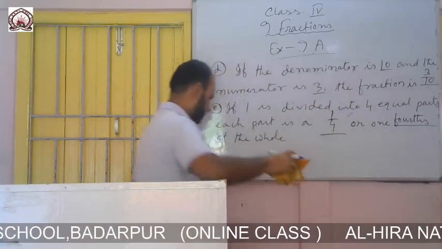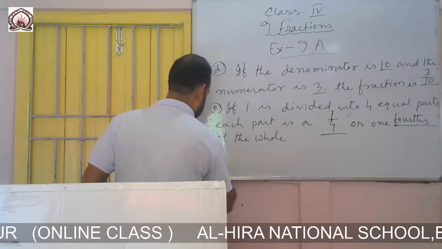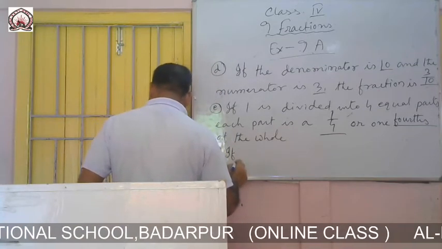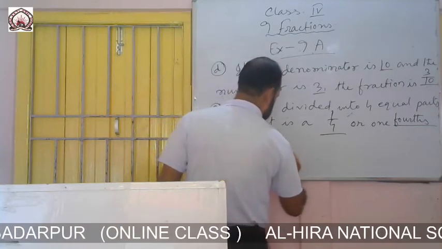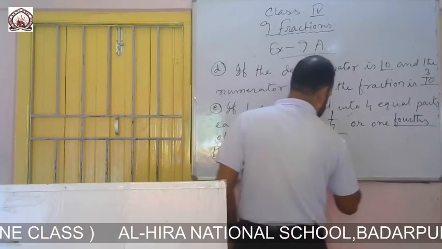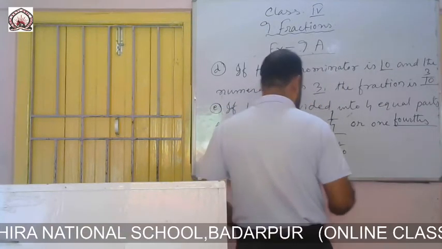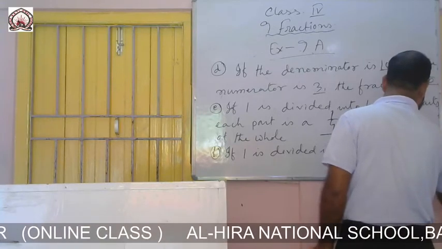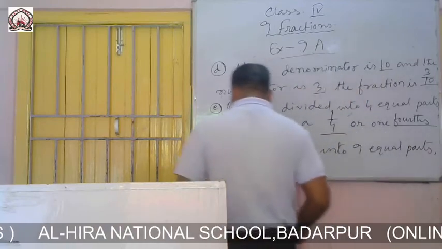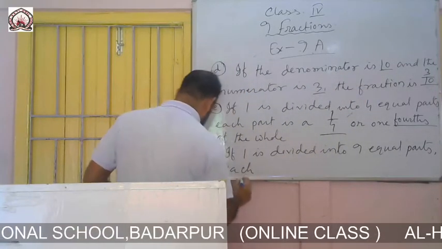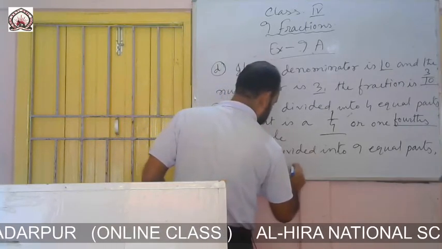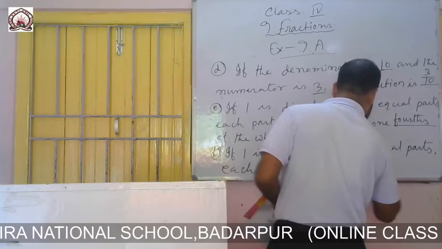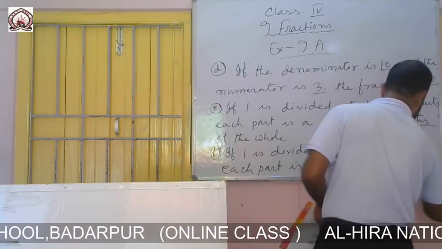Next, question number F. If 1 is divided into 9 equal parts, each part is called dash of the whole.